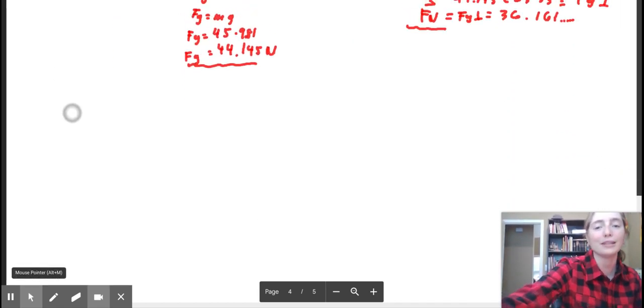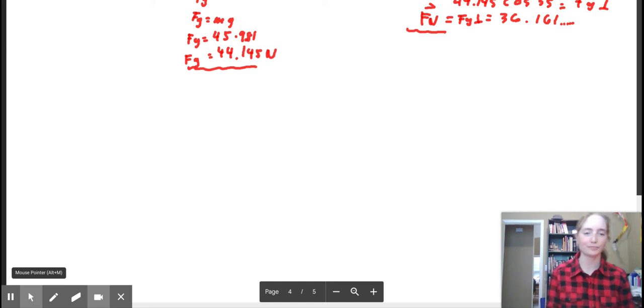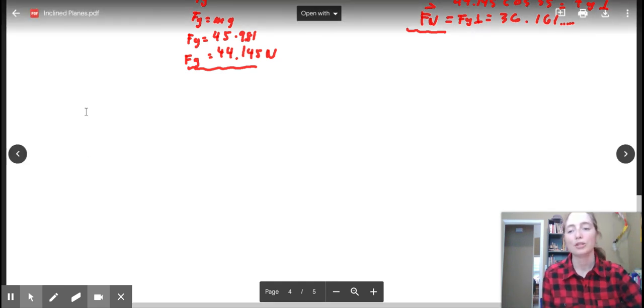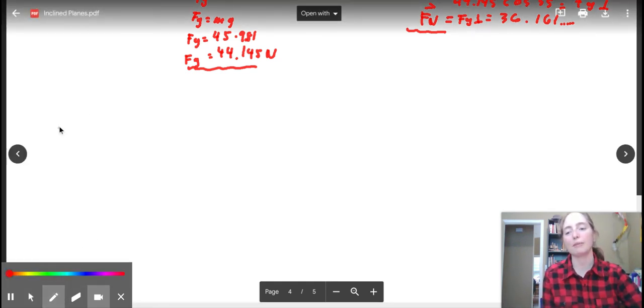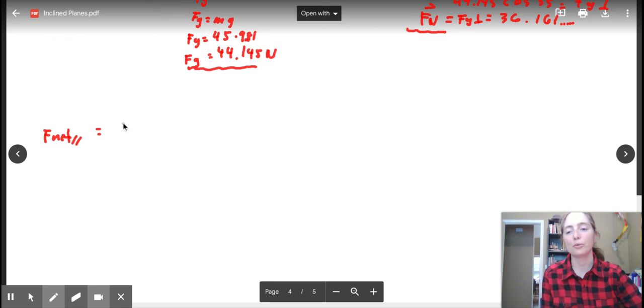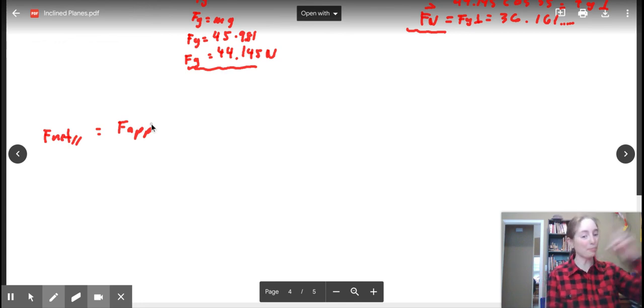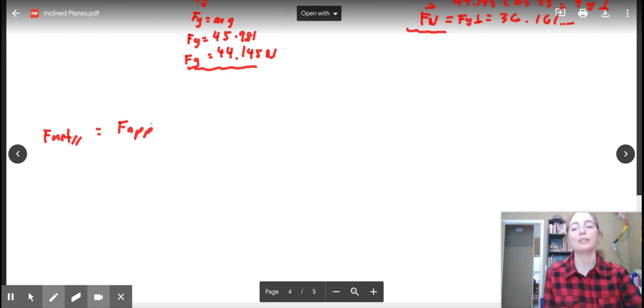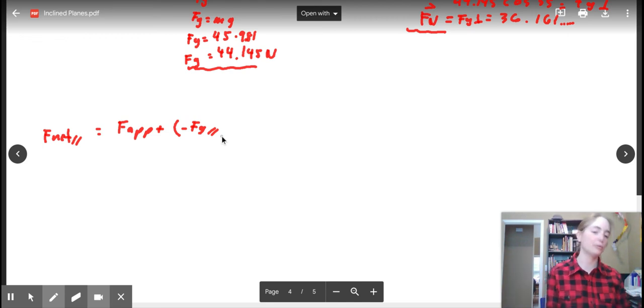I'm just going to leave these values visible here. Let's start by making my F net equation. My F net on the parallel is going to equal my force applied, which is going up the ramp. You want that number to be positive, that's a direction of motion. And now Fg parallel is going to be opposing motion.